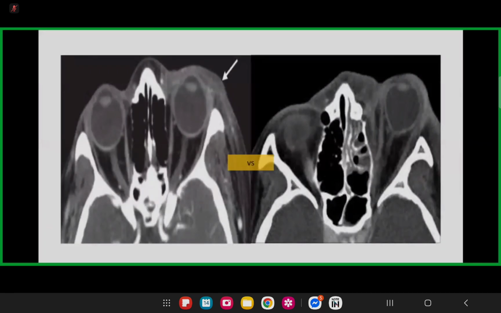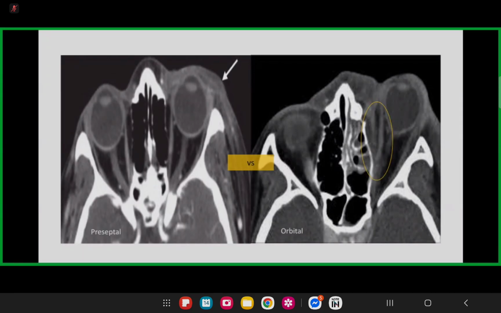Once again, CT scan is a good imaging tool when we evaluate orbital diseases. The use of CT scan or even an MRI can provide essential information, such as the source of infection and the extent of the cellulitis. So we often do a CT scan to assess patients, especially when they have orbital cellulitis.